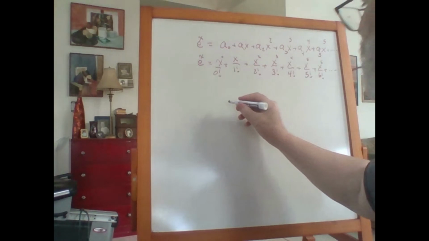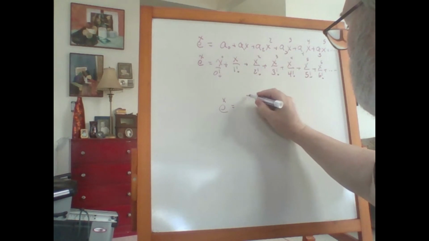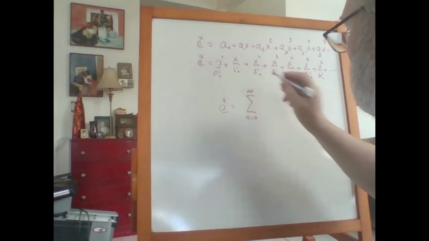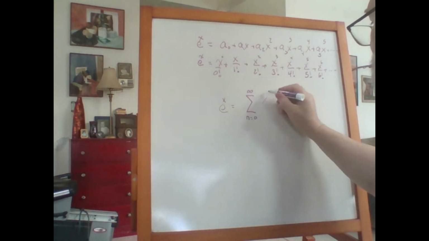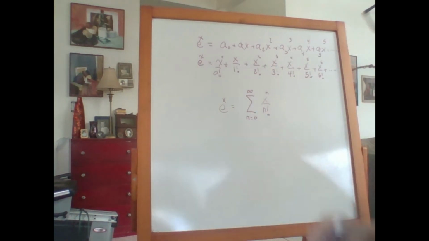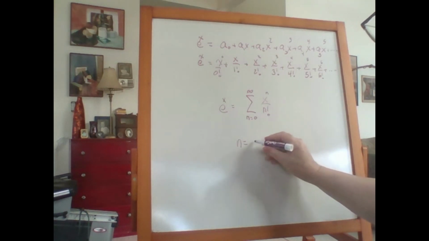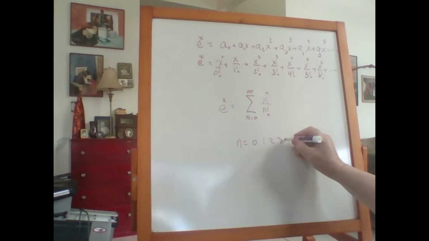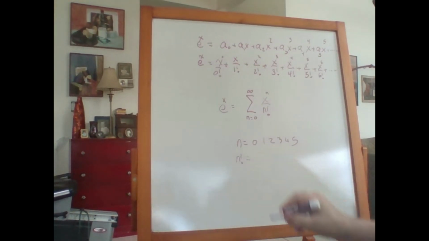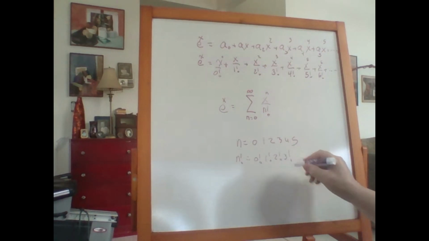So e to the x then equals, from n equals 0 to infinity, x to the n over n factorial, because when n equals 0, 1, 2, 3, 4, 5, you've got n factorial as 0 factorial, 1 factorial, 2 factorial, 3 factorial, and so on.